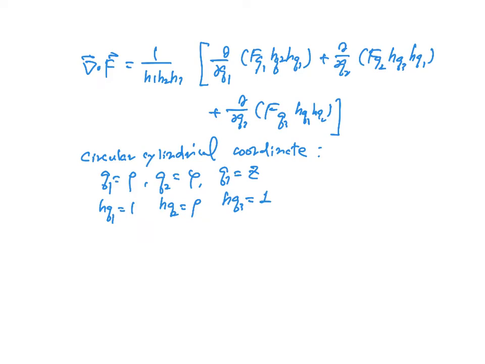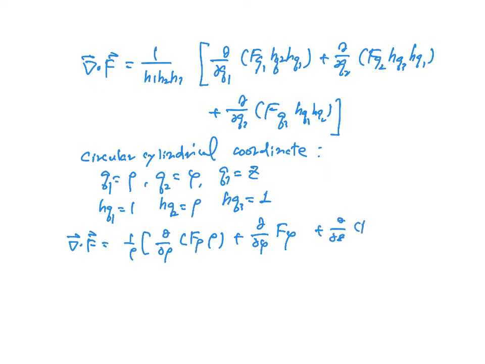So the divergence of F is 1 over rho, partial rho partial F rho rho, plus partial phi partial F phi, plus 1 1, partial z partial F z.